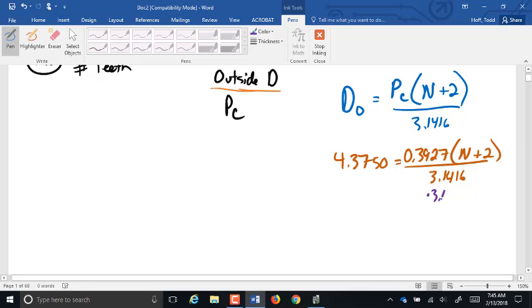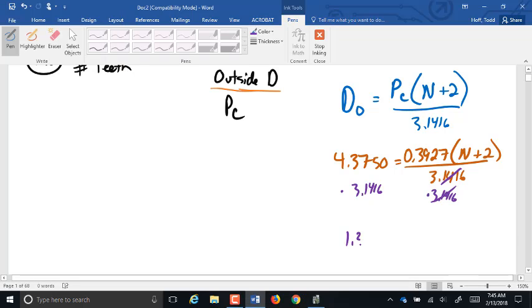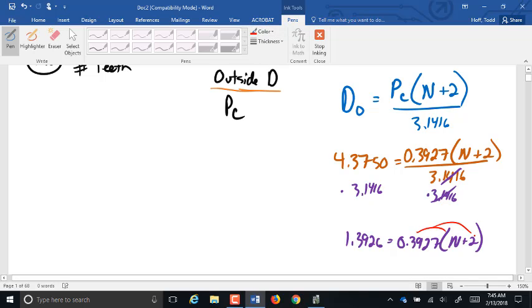I would multiply by the 3.1416 to get rid of that on bottom. So we've got 4.3750 divided by 3.1416. So we got 1.3926 equals 0.3927 times n plus 2. Normally, we would distribute this, but rather than doing that and having extra crap to work with, there's nothing else on this side of the equation other than that distribution, that multiplication.